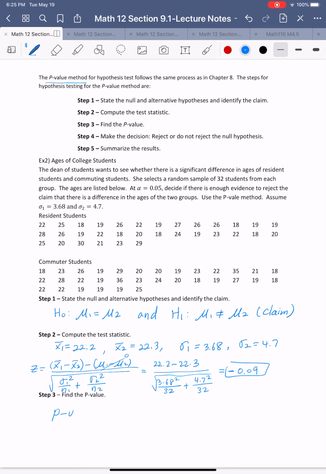The p-value is going to be twice the area here. So you actually use the z-score, negative 0.09.